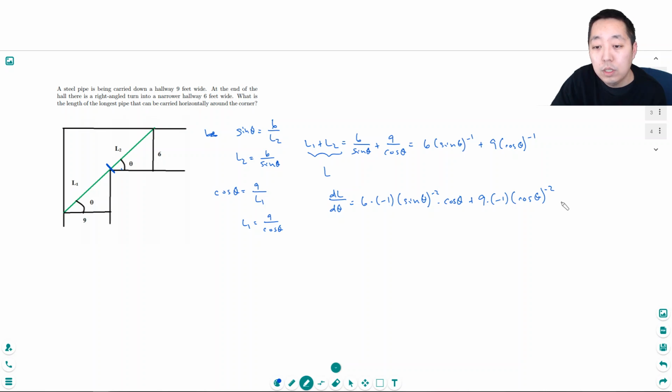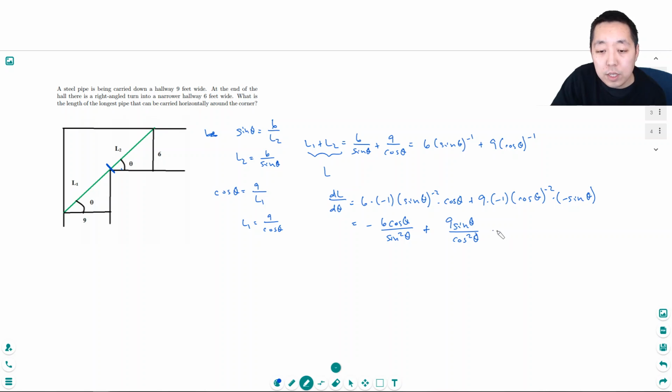That's power rule times the derivative of the inside, which is negative sine theta. And that's negative 6 cosine theta over sine squared theta. Minus a negative is plus, so this plus 9 sine theta over cosine squared theta.